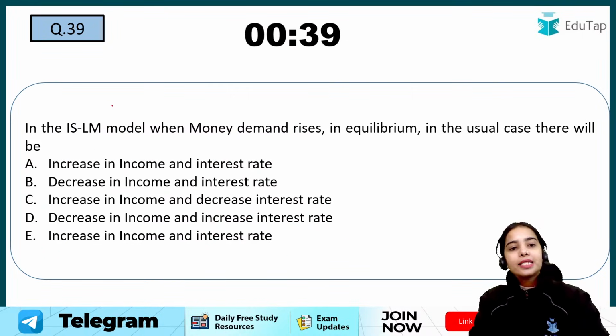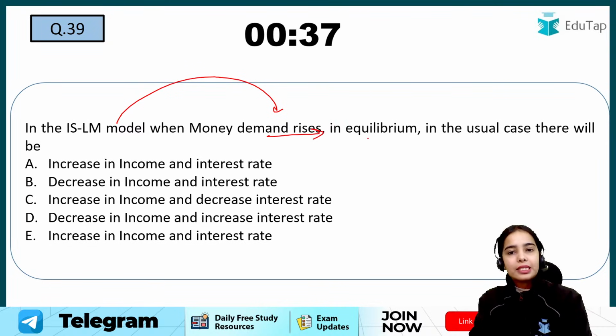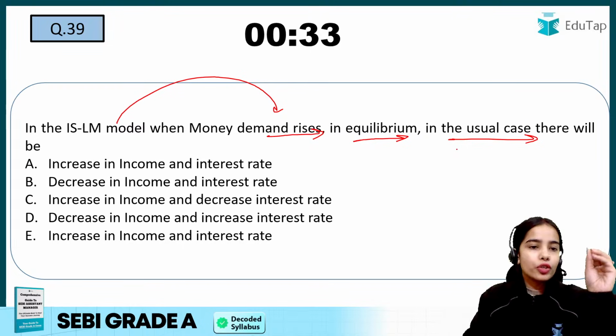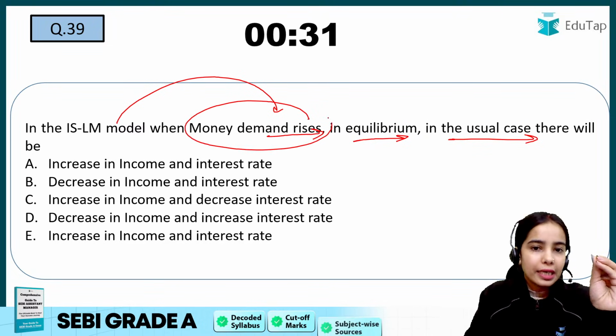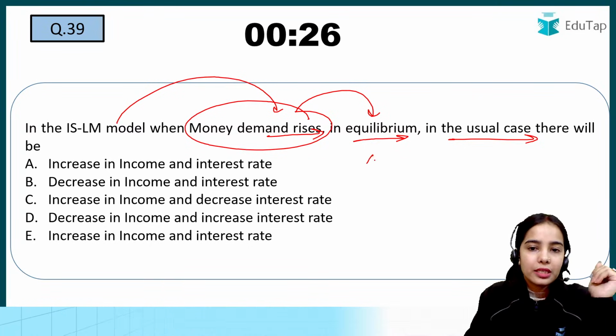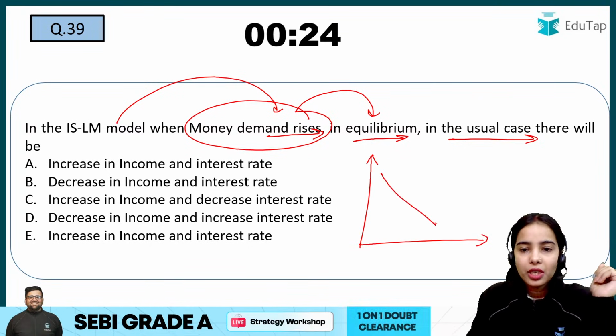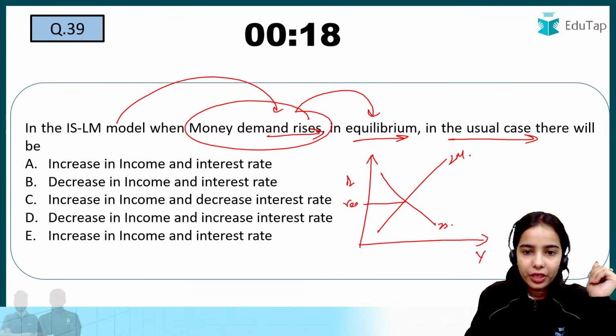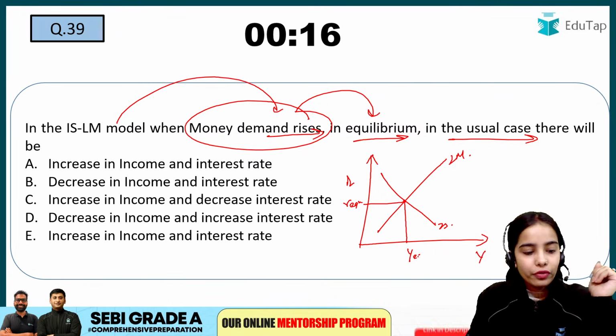Now, in the ISLM model, when money demand rises in equilibrium, in the usual case, what will happen? The IS curve is downward sloping and the LM curve is upward sloping. Here we have the rate of interest, here we have the level of income. This is the equilibrium rate of interest and this is the equilibrium level of income.